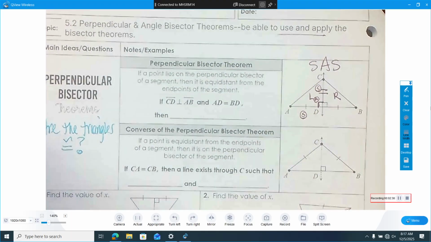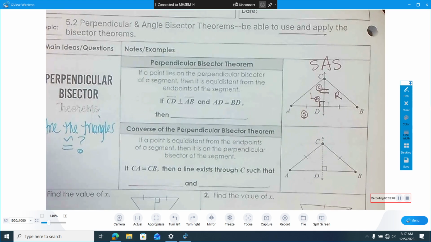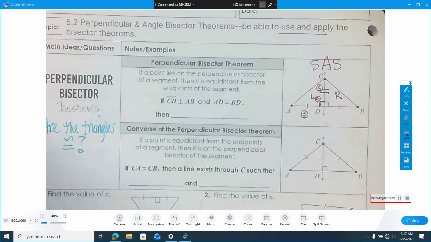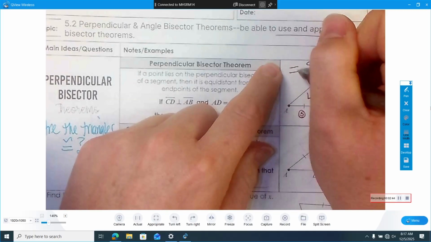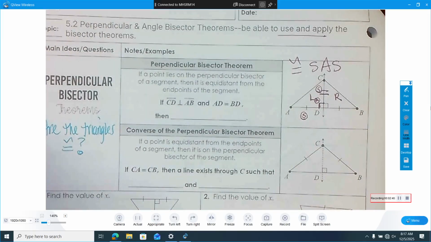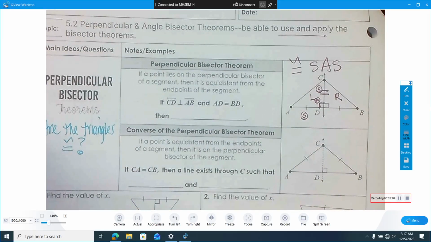These triangles are congruent. And what it means is that we have two congruent triangles, so there are 6 things that I know are congruent in these triangles because they're congruent. There are tons of things that I know are congruent.